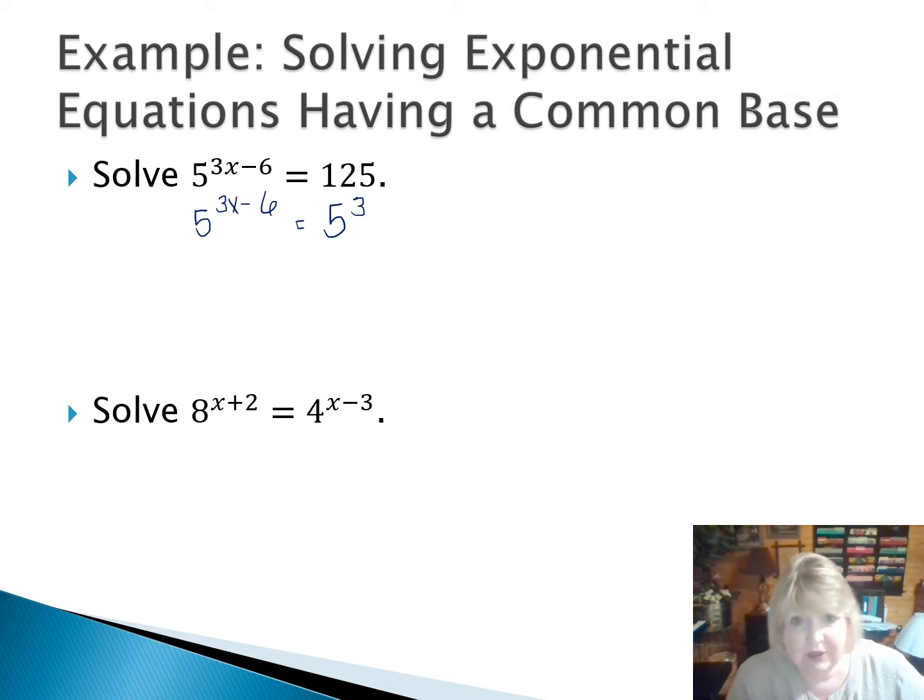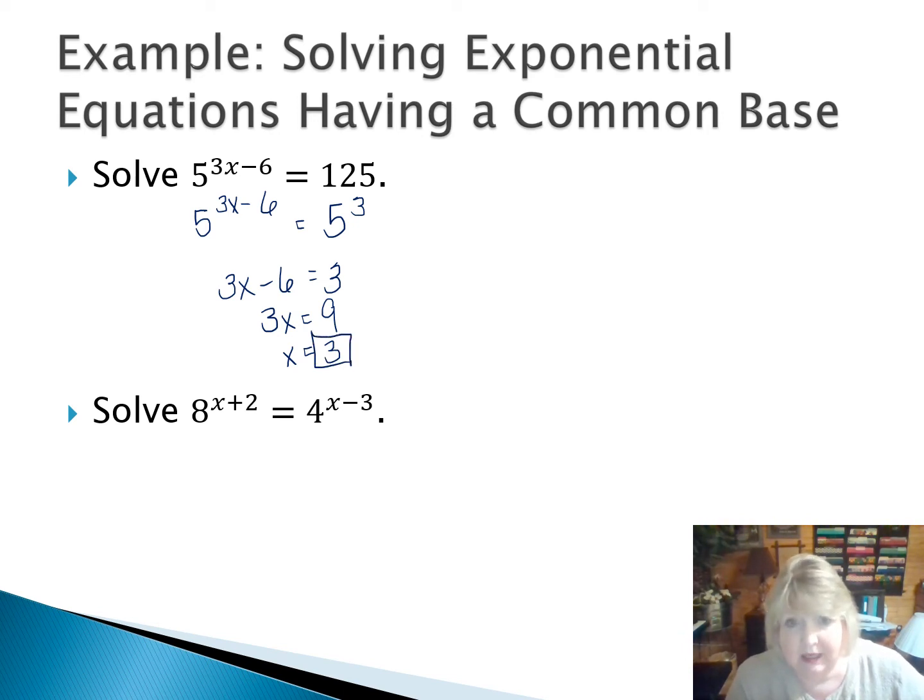So 5 to the 3x minus 6 equals 5 to the 3rd. The two bases are equal, so their exponents must be equal. So 3x minus 6 must be 3. Since they said minus 6, I say plus 6. That gives me 3x equals 9. Since they said times 3, I say divided by 3. X must have been 3.